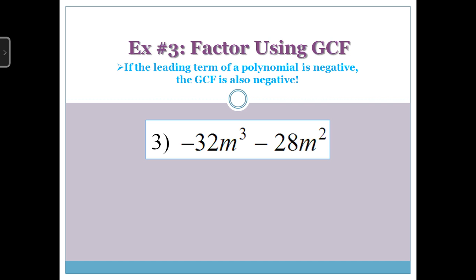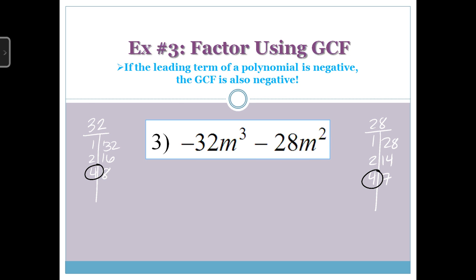So what's your GCF? What'd you get? Okay, so see how we did the factoring of 32 and 28. What's the highest that they both have in common? Hopefully you're telling me it's 4.